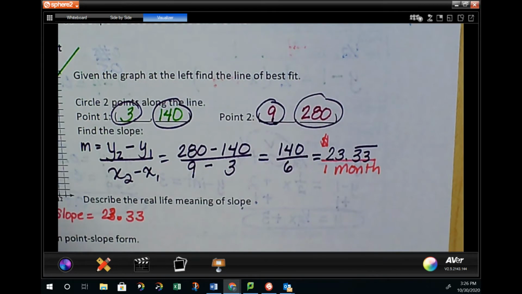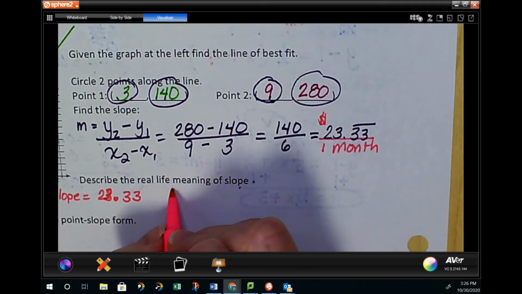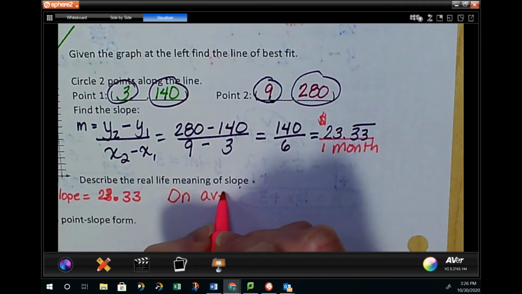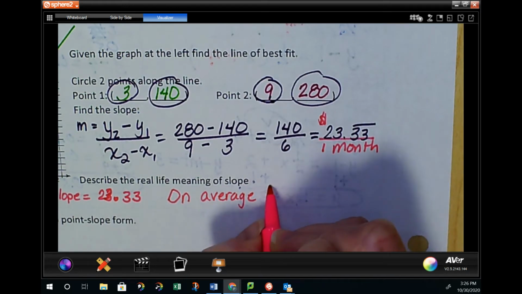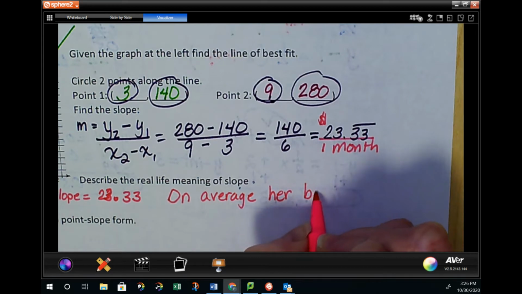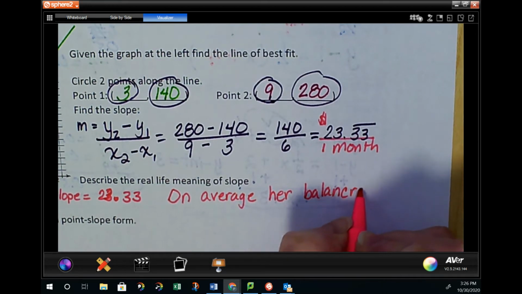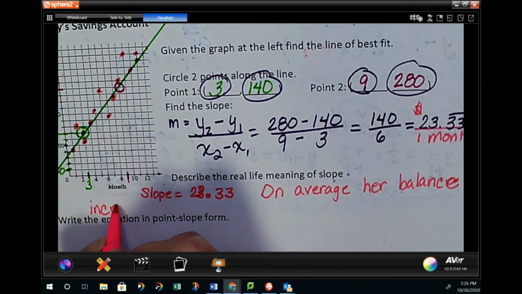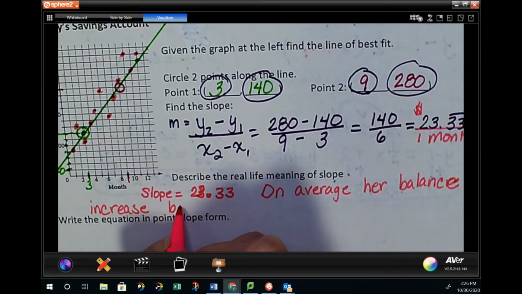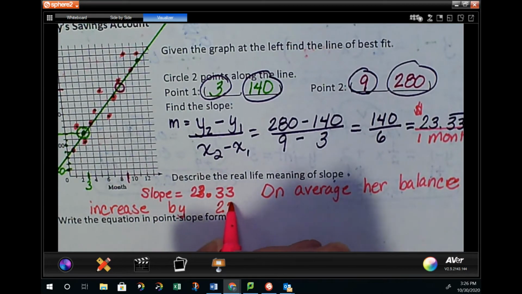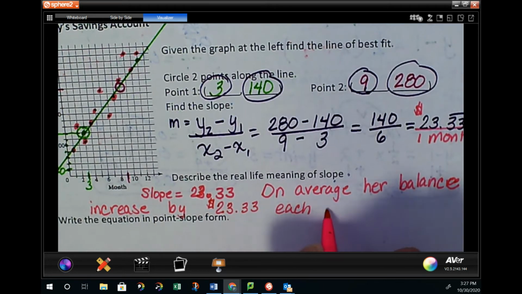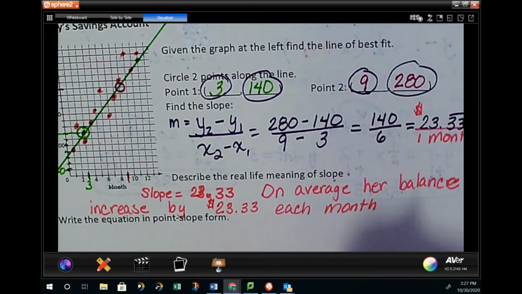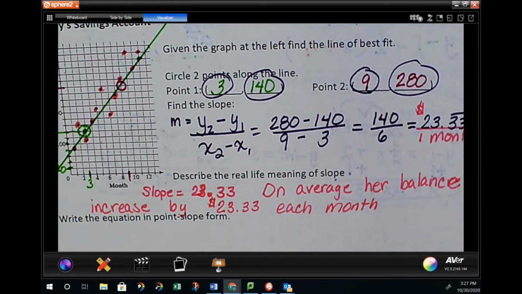So every 1 month, on average, her balance is going to increase by $23.33 each month. That's the real life context of that.